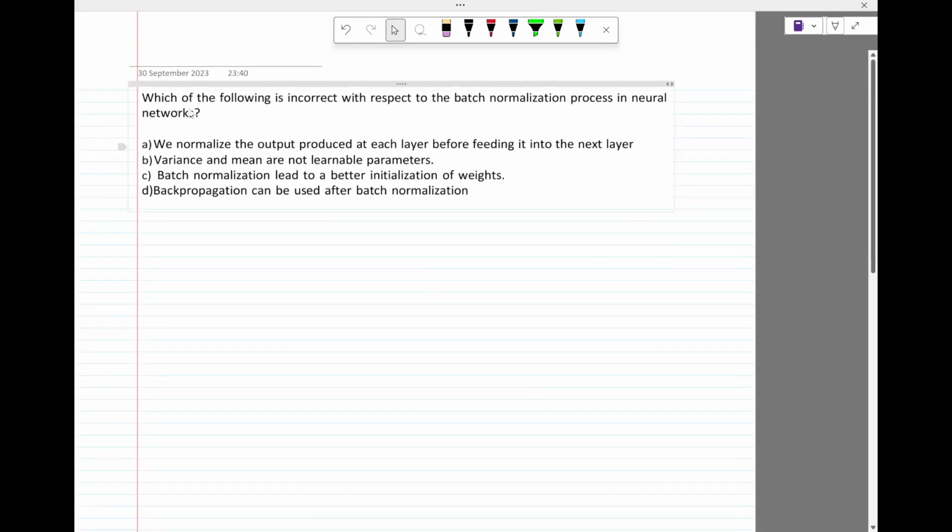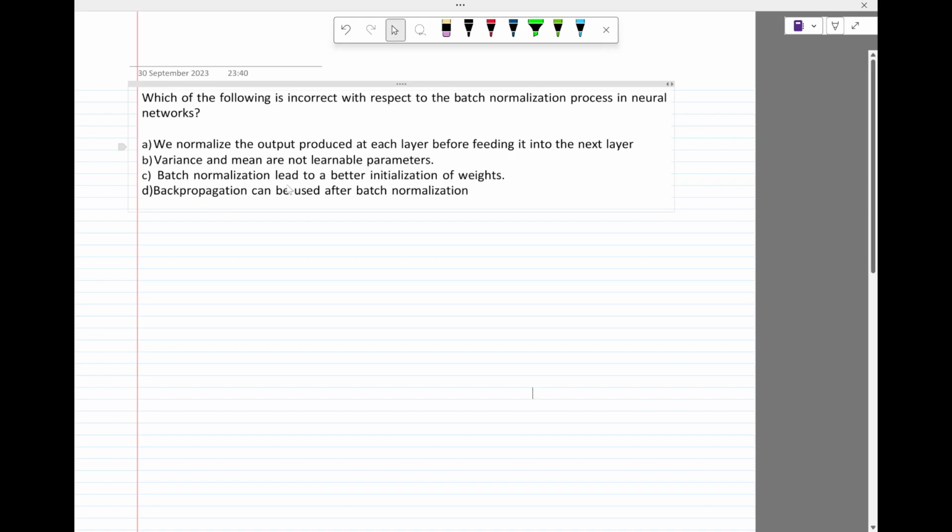This question is asking which of the following is incorrect with respect to the batch normalization process in neural networks. First option: we normalize the output produced at each layer before feeding it to the next layer. The B option: variance and mean are not learnable parameters.